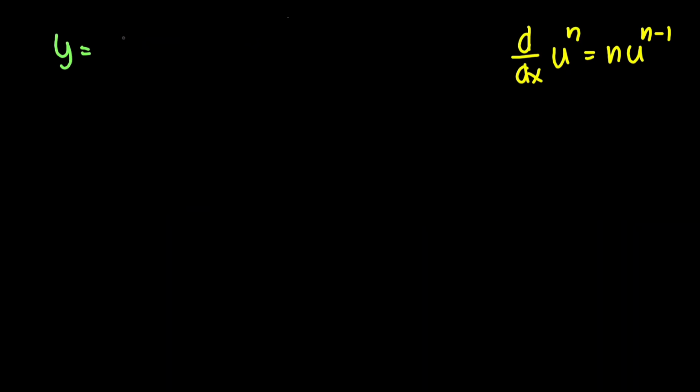Y equal to 3 over x minus 5 over x squared. Whenever we are dealing with something like this and our x here or our variable is at the very bottom, it would be best to put this into our numerator.